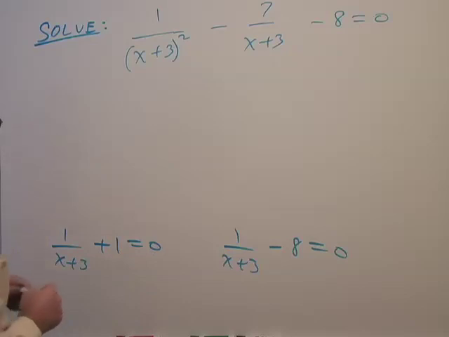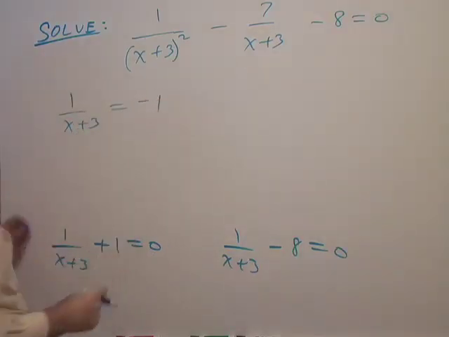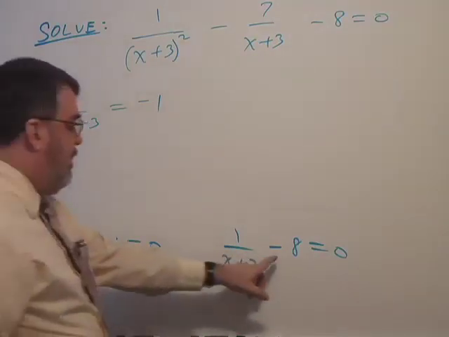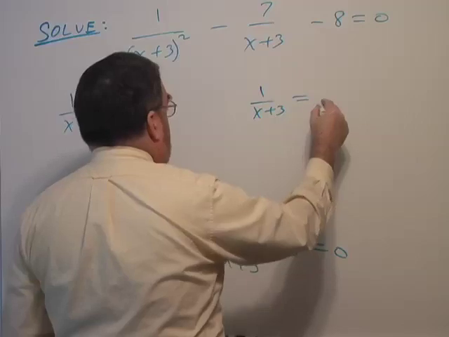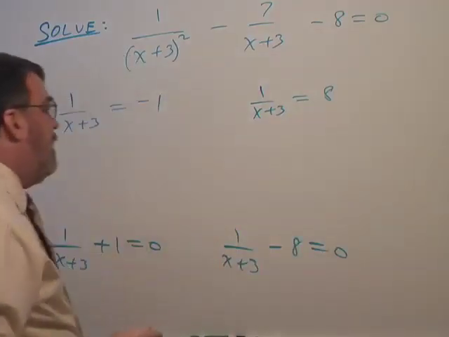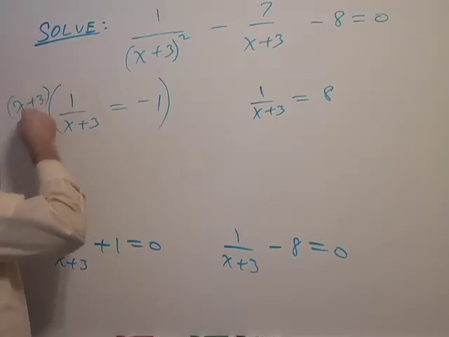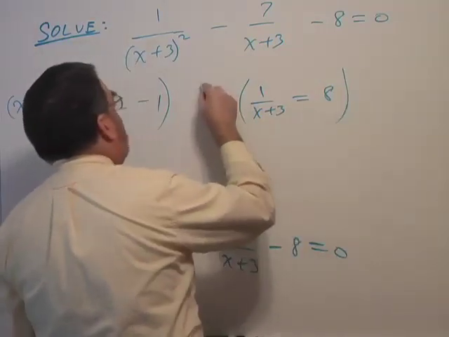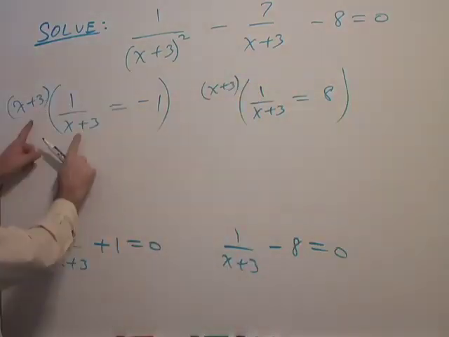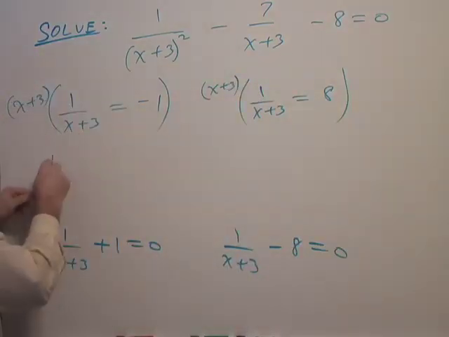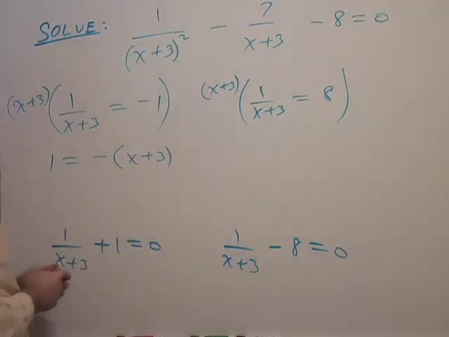So if I bring the 1 over here, I've got 1 over x plus 3 equals minus 1. And if I bring the 8 to the right, I've got 1 over x plus 3 equals positive 8. And I'm going to make it simple. Let's just clear the fractions on each equation by multiplying both sides by x plus 3. So on the left, this clears the fraction. I have 1 equals negative x plus 3.